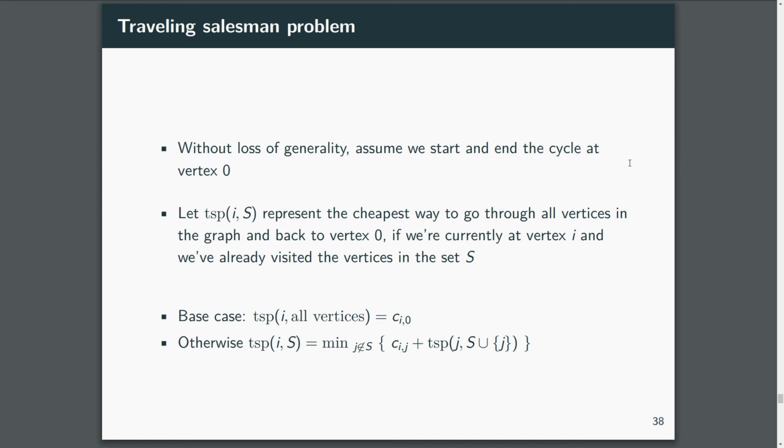And we take the minimum over the value of the cost of going from vertex I to vertex j, and then recursively calling our TSP function with vertex j, and the union of our original set and the set containing j. So we've added j to our set here.